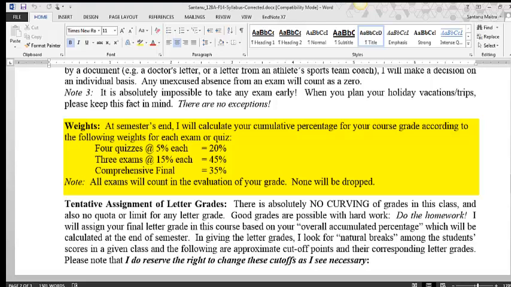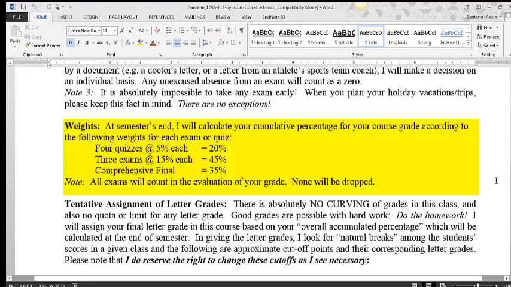Each of the 4 quizzes will contribute 5%, totaling 20% of the total weight. 3 exams will be 15% each, and will contribute 45% of the total points. And the comprehensive final exam will contribute 35% of the grade.